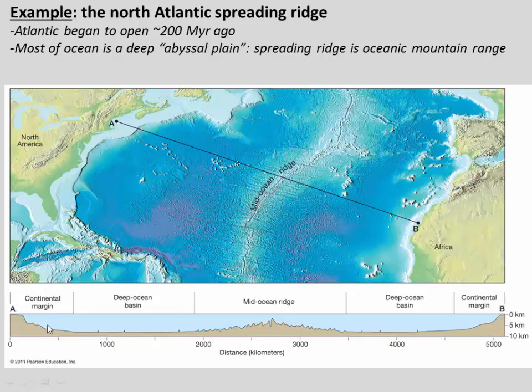Here's New England, we go through a deep abyssal region, and then here's the spreading ridge. It's almost a 5-kilometer high mountain range beneath the ocean, where this new magma is being ejected and cooling into oceanic crust as the continents spread in opposite directions.